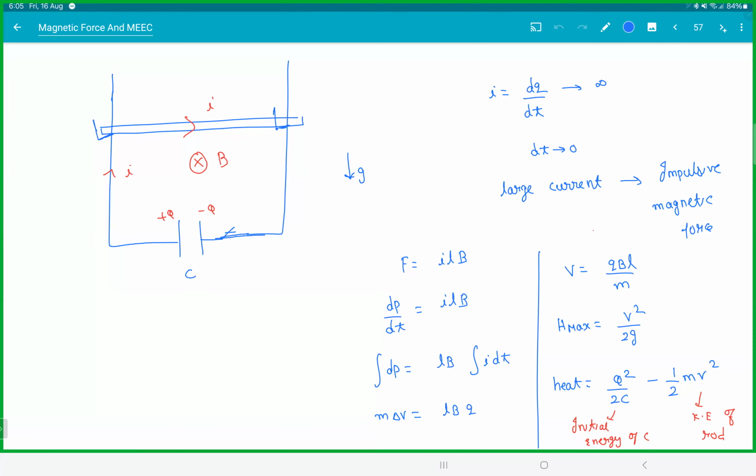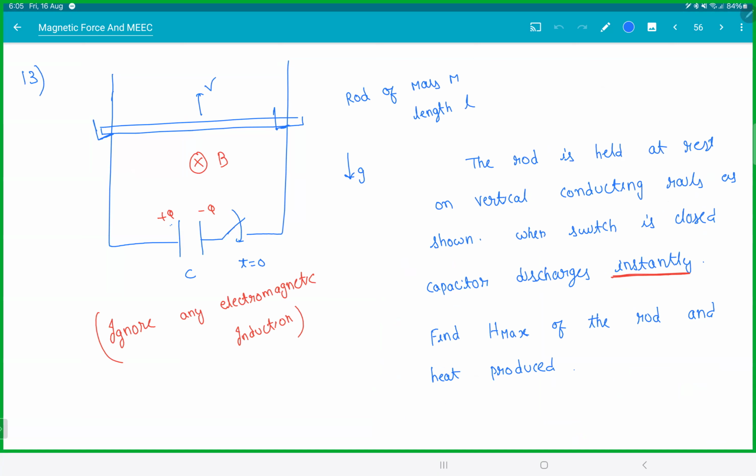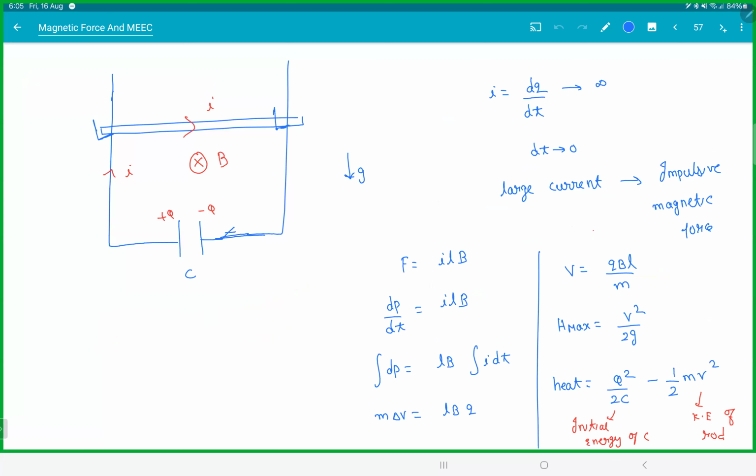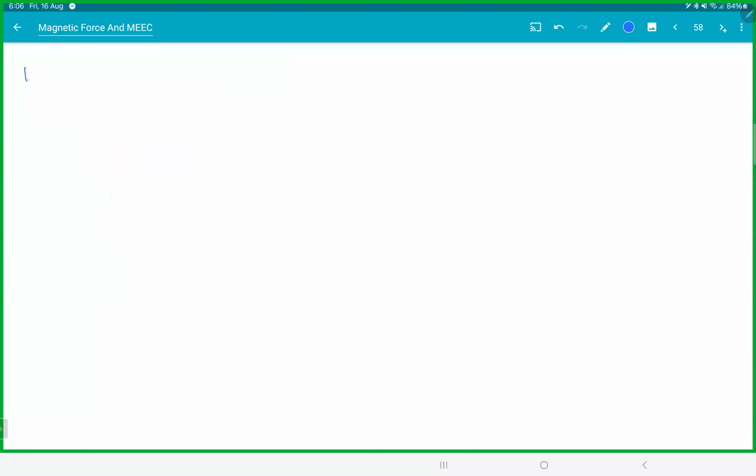So this was the last thing that we read. Let's see one more question. We got a disk here with a cavity.